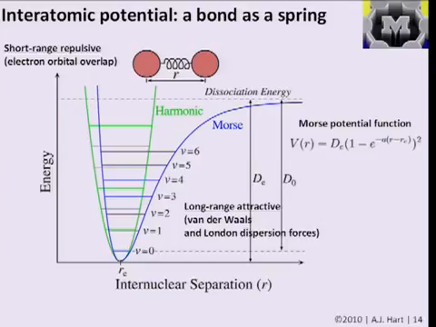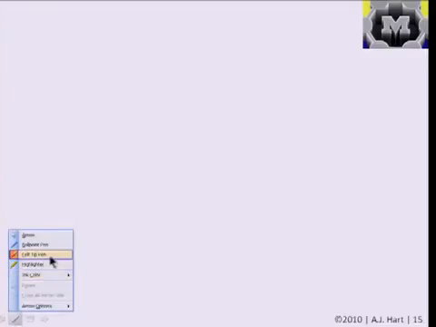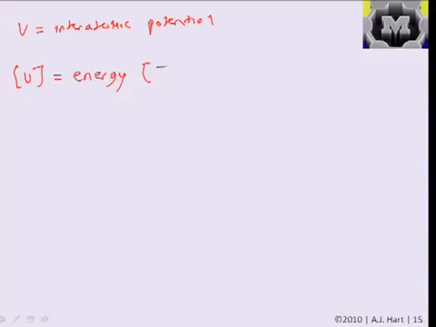So we could say, by definition, we have this U, which is a potential energy. So U is our interatomic potential. The units of U are energy, which can typically be joules.